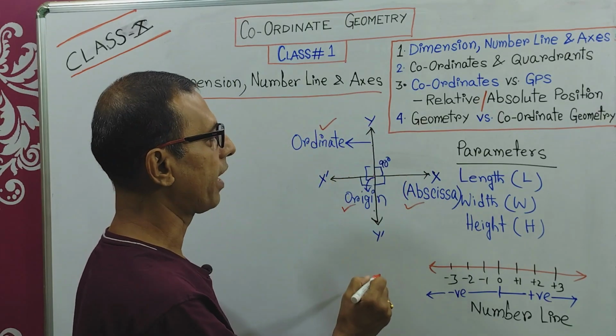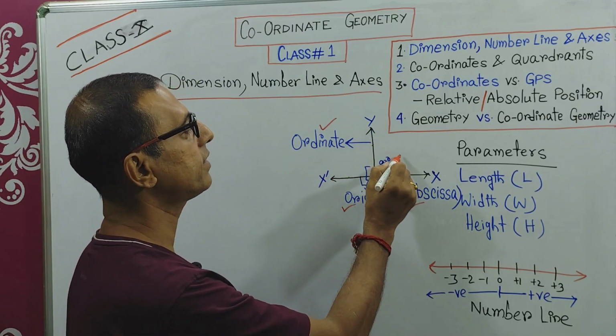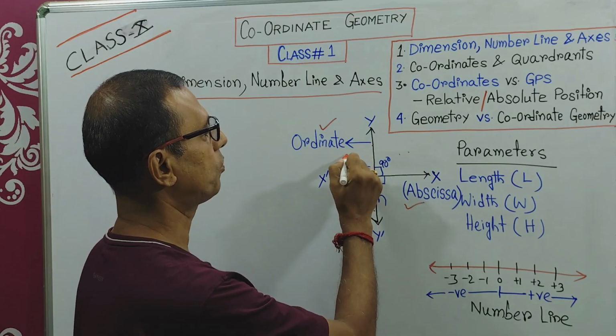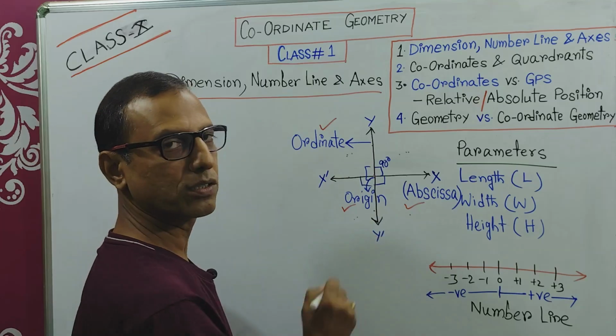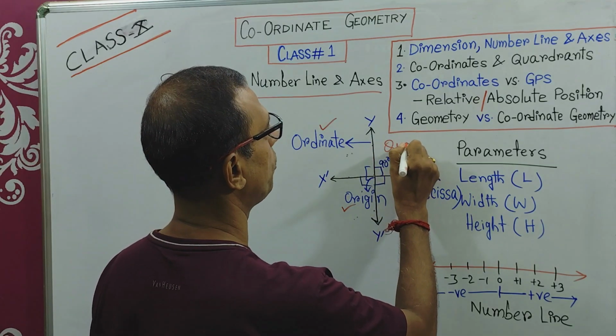When two number lines intersect each other, these are called axes, and this creates four segments: segment 1, segment 2, segment 3, segment 4, and these segments are called quadrants.